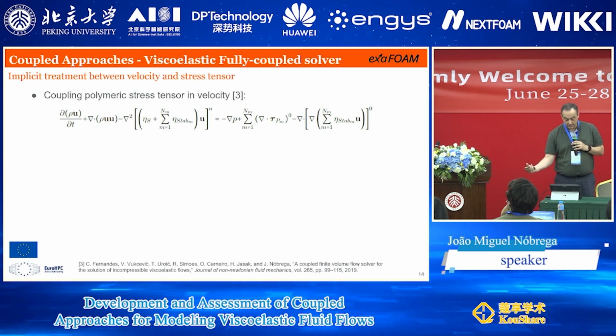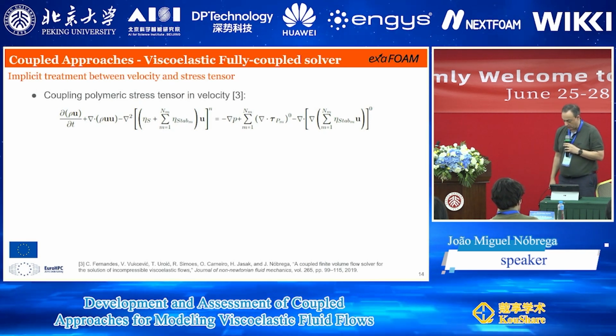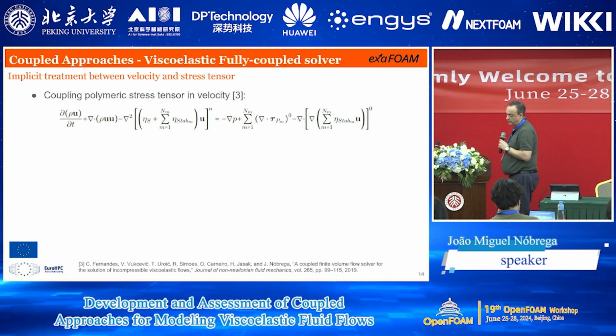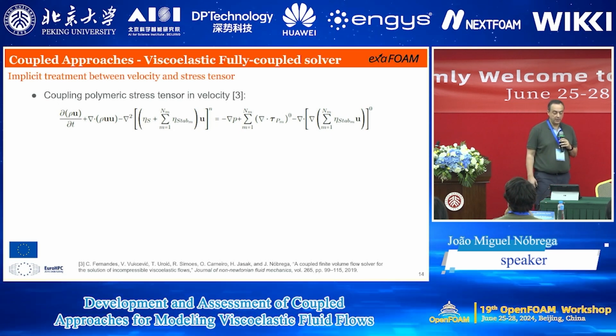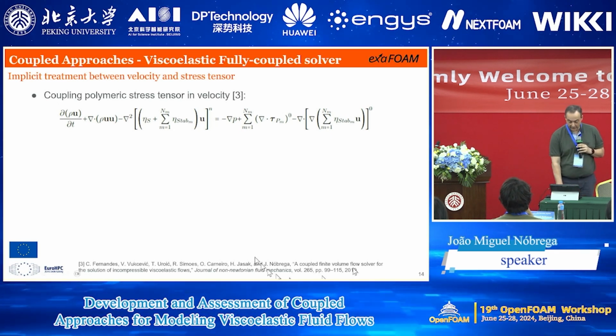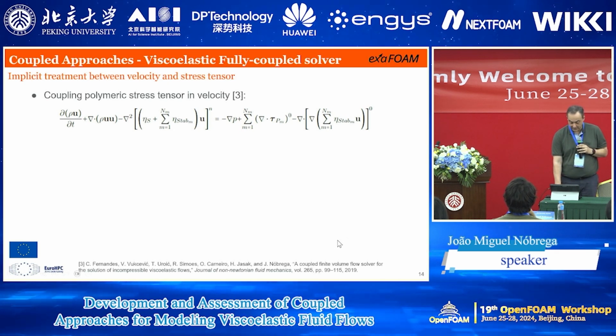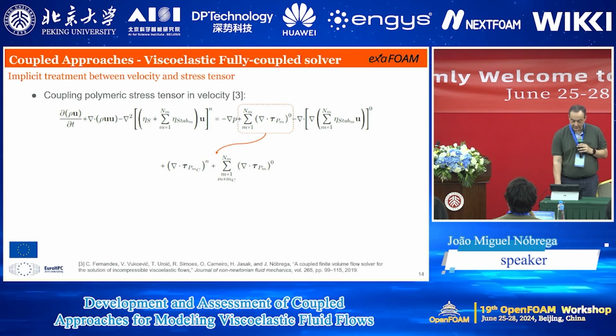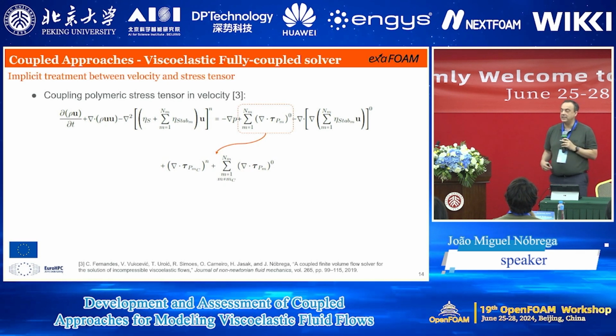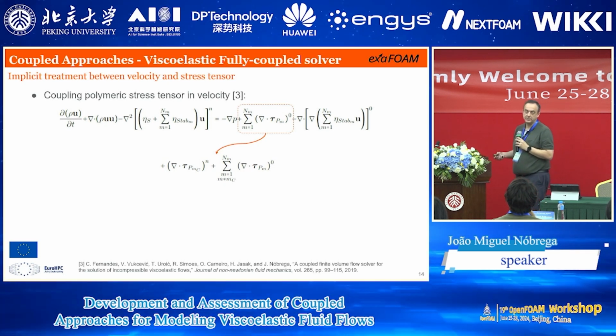And the second approach we tested is what we call the fully coupled solver. In the fully coupled solver, as I mentioned, we have the stress equation and the momentum equation, and we didn't couple all the modes.